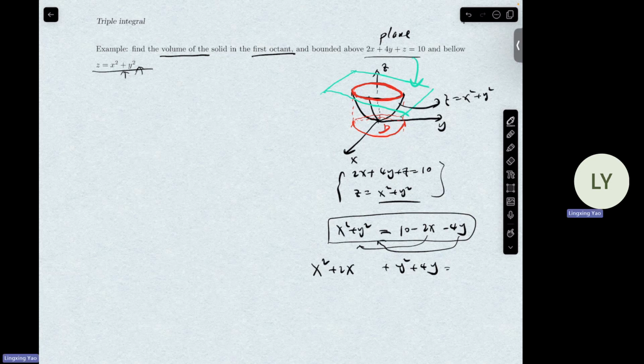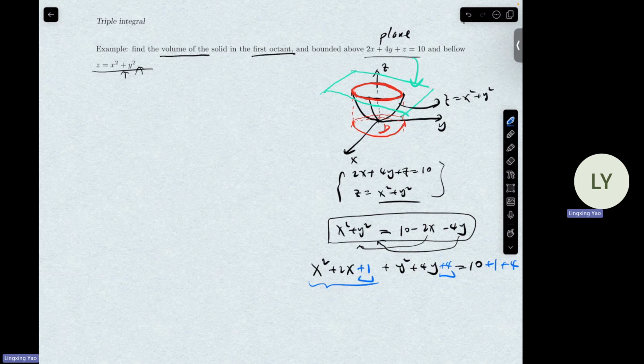which equals, well, let's save some space, equals 10, right? And here, the reason we save some space is obviously we want to complete the square. So if we add a 1 there, then we add a 1 here. Here, I guess we have to add a 4.